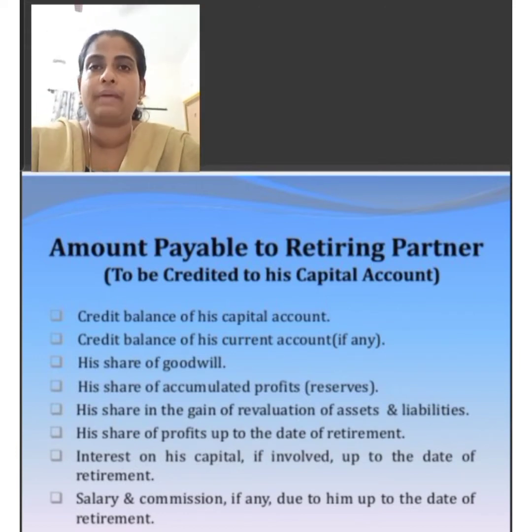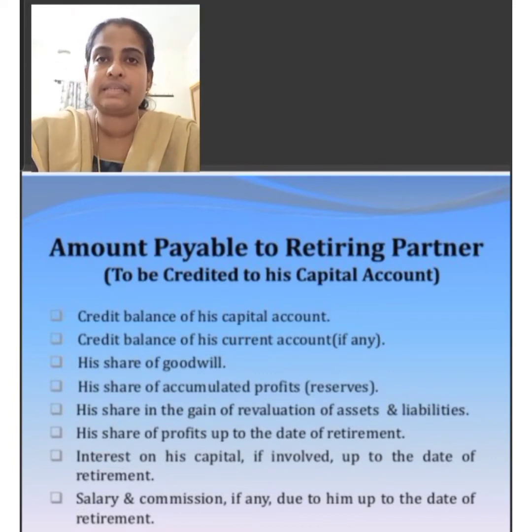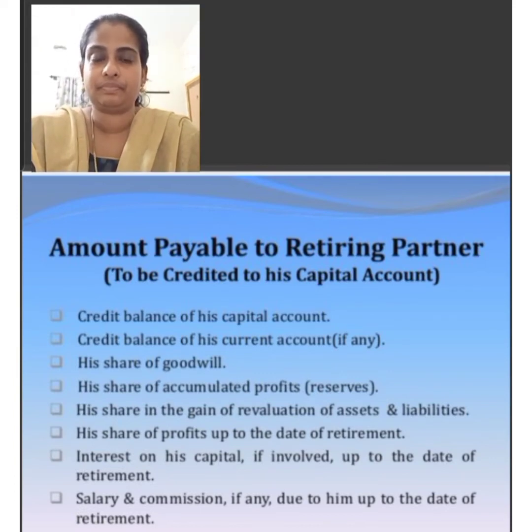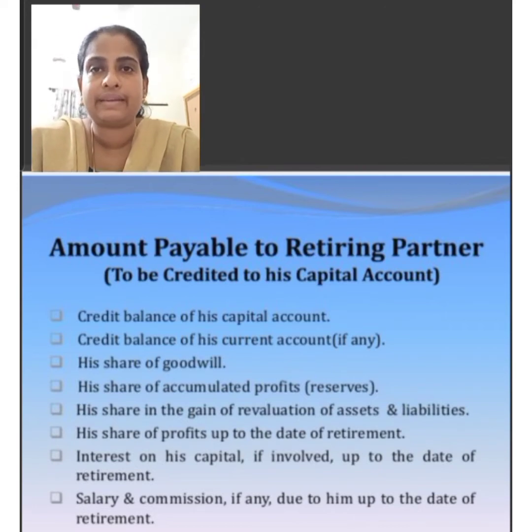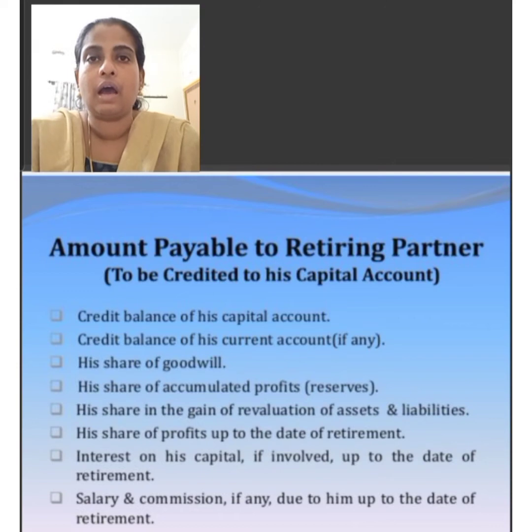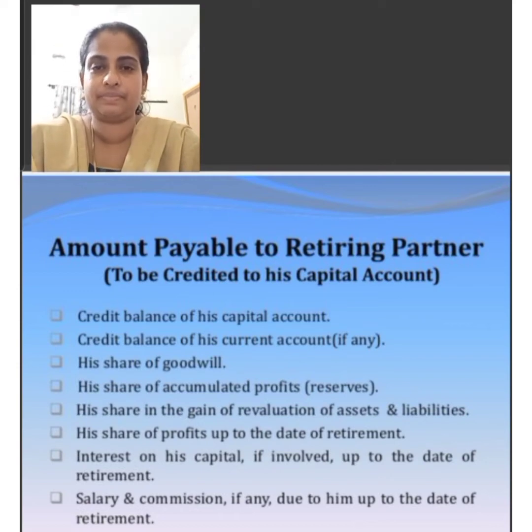If his capital balance is on the asset side of the balance sheet, that is the unfavorable balance, the retiring partner is entitled to get his share out of the following items.